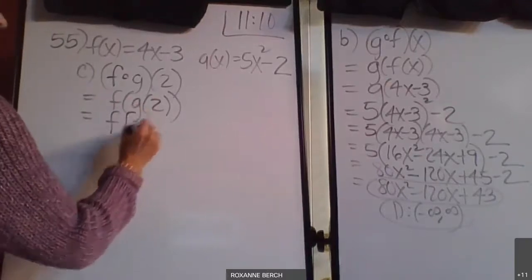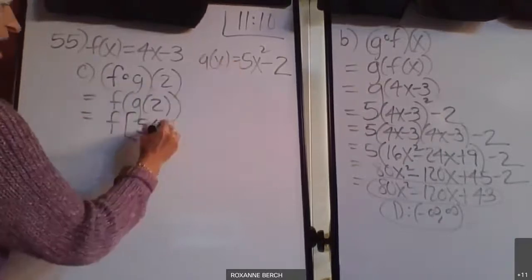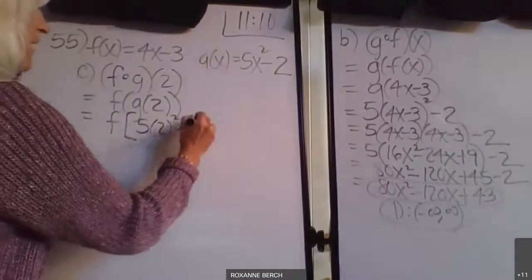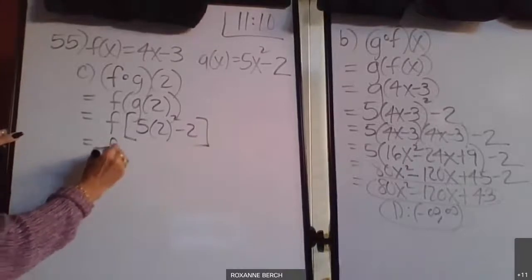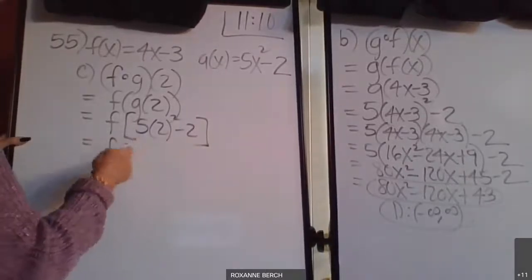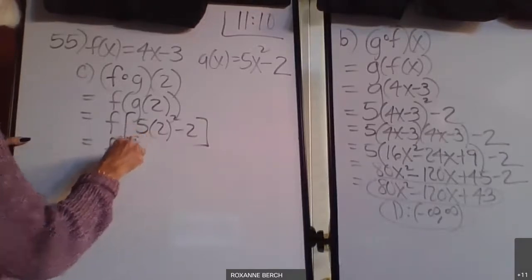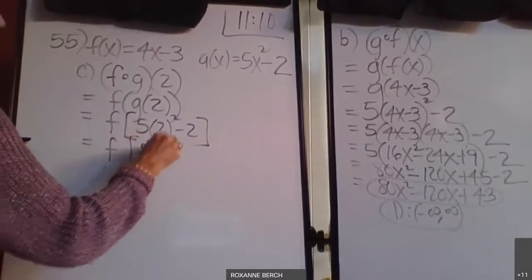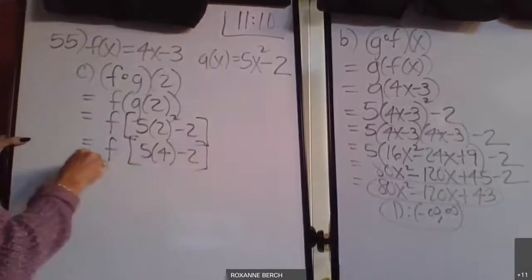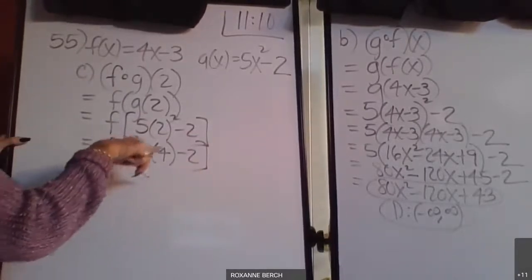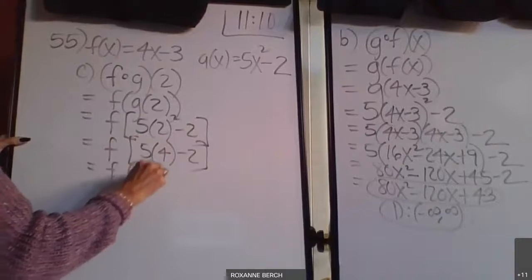So inside here, 5 times 2 quantity squared minus 2. So what is that? That's 5 times 4 minus 2, which is 20 minus 2 is 18.